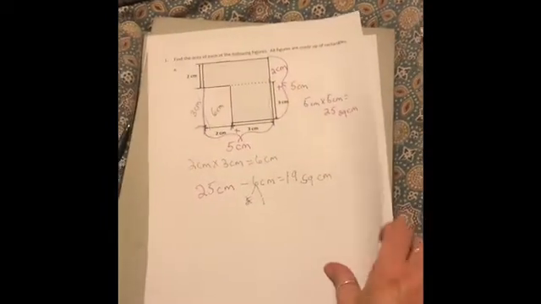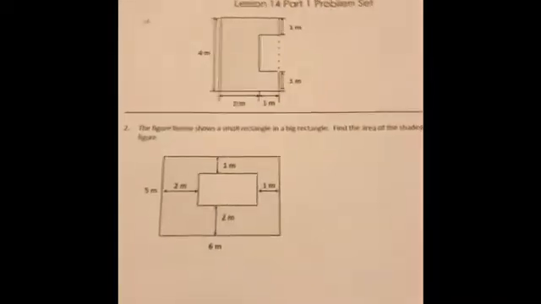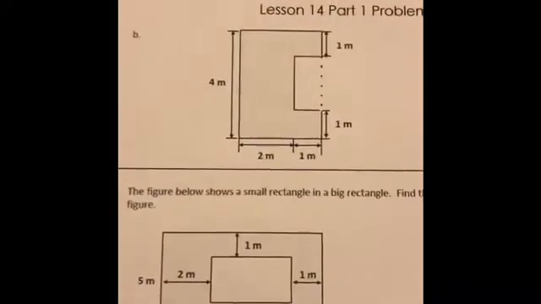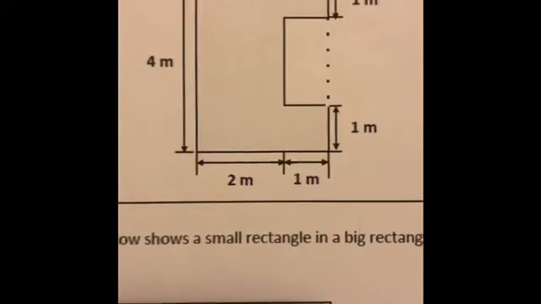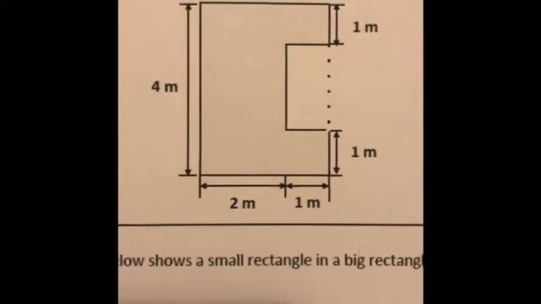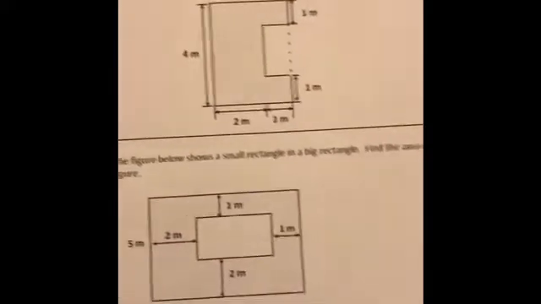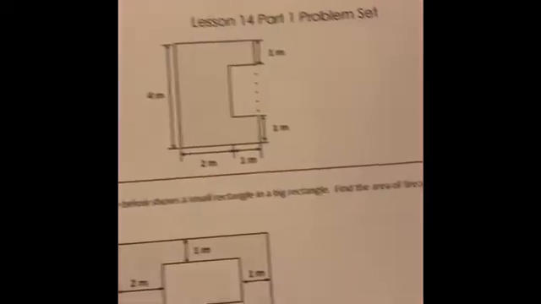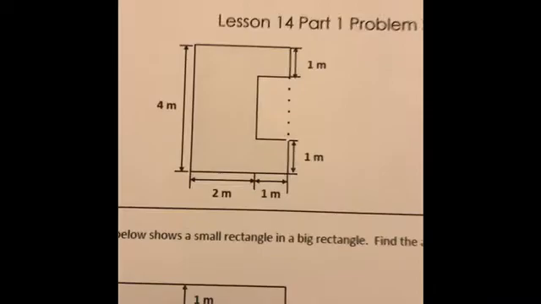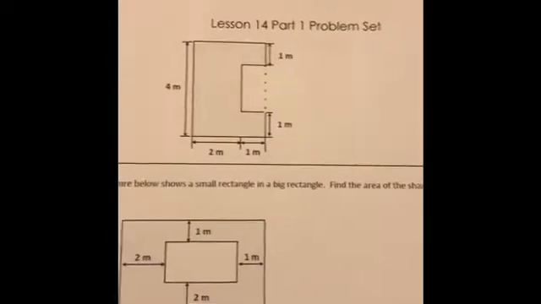Now it's your turn to do a couple problems on your own. So for this first shape, I would like you to please, on your journal, write 1B. This is problem 1B. We just solved 1A together. You're going to solve 1B.